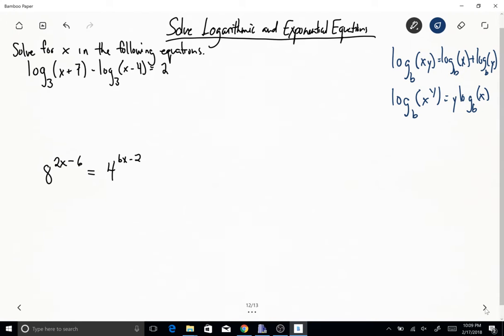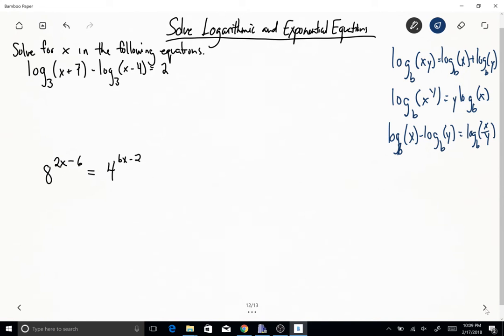So if you have a log base 3 of x plus 7 minus log base 3 of x minus 4 equals 2, we're going to use that other law of logarithms. So log base b of x minus log base b of y equals log base b of x over y.